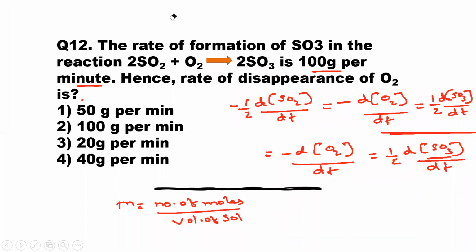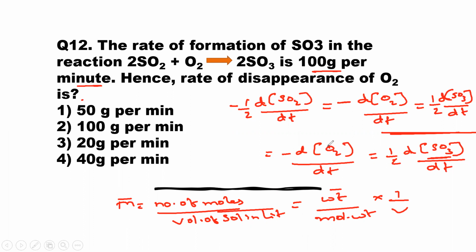And how to find number of moles? Number of moles is equal to weight of solute by molecular weight of solute. So by this we can say molarity is proportional to the weight of the substance and inversely proportional to molecular weight.